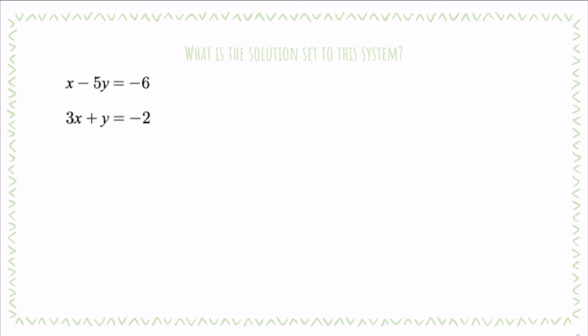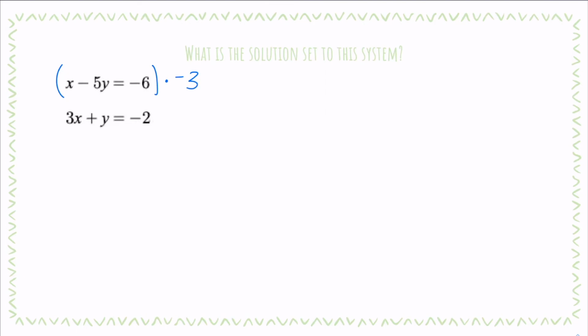But we could either multiply the first equation by negative 3 or multiply the second equation by a positive 5. It doesn't matter which one. If we multiply that second equation by 5, that allows us to eliminate the y terms. And then multiplying the first equation by -3 allows us to eliminate the x terms.